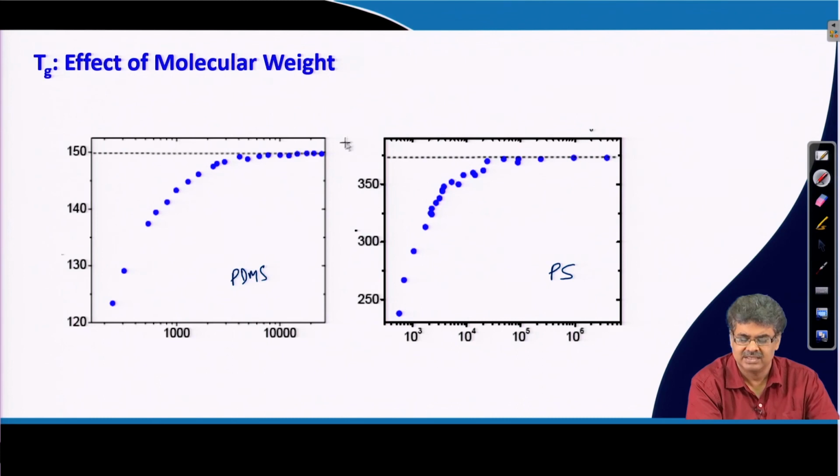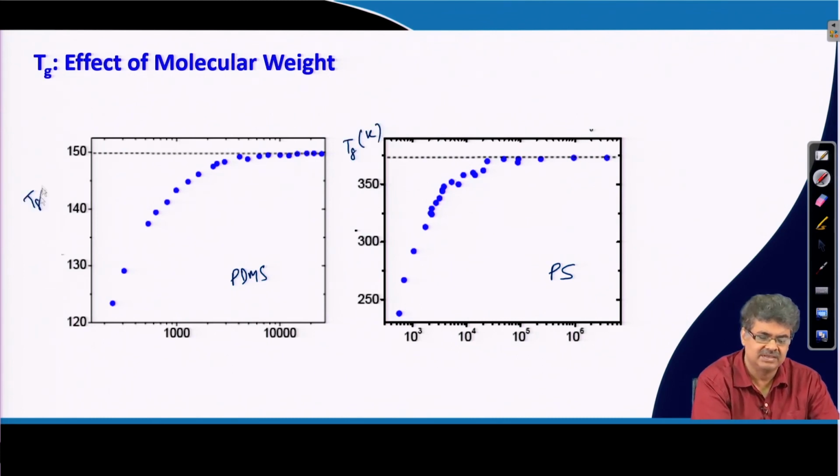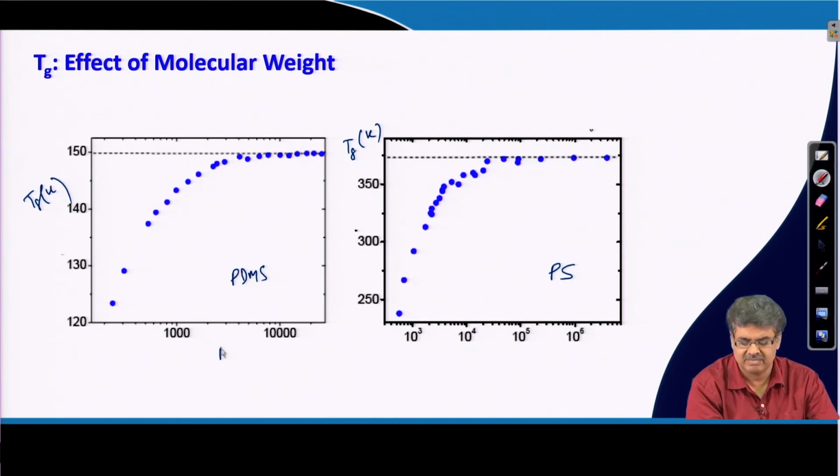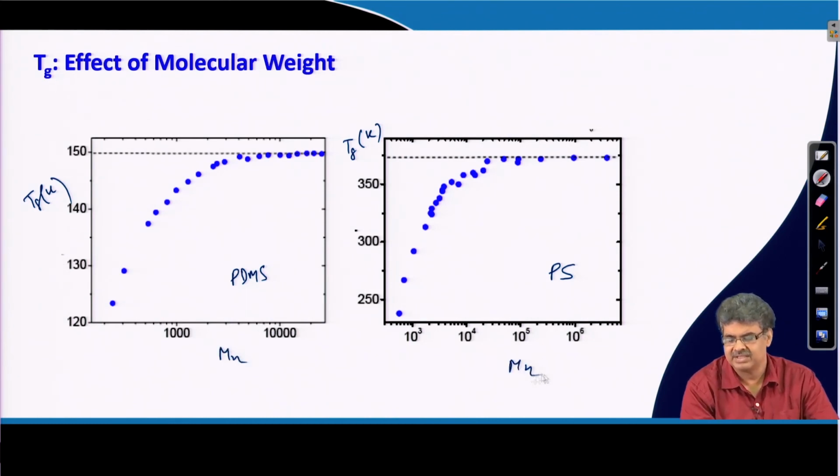If we plot, in this case it is shown for PDMS, polydimethyl siloxane, and polystyrene. This is Tg in Kelvin, and this is Mn. As you can see, as we increase the molecular weight, Tg goes up, and beyond a certain molecular weight it actually levels off. There is practically no change in the Tg value.